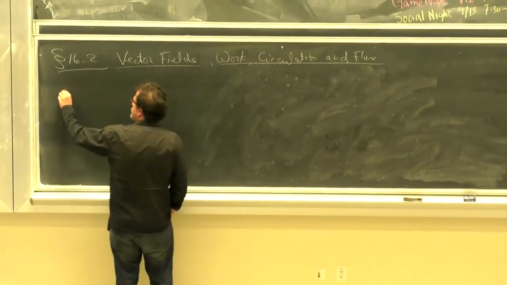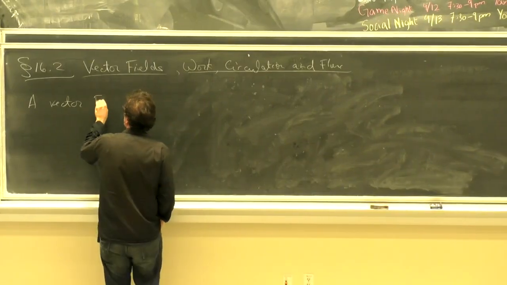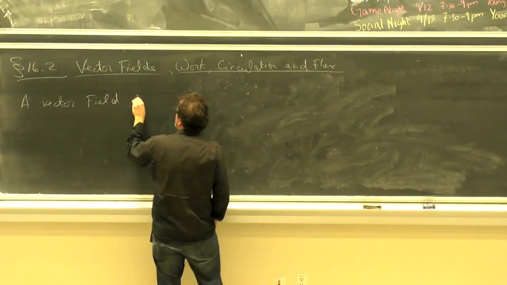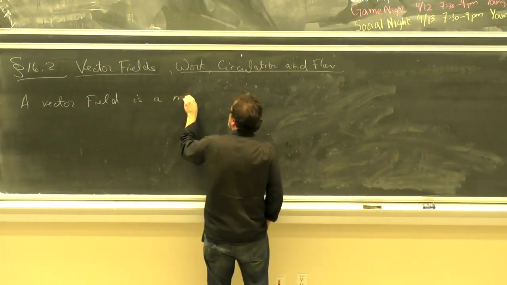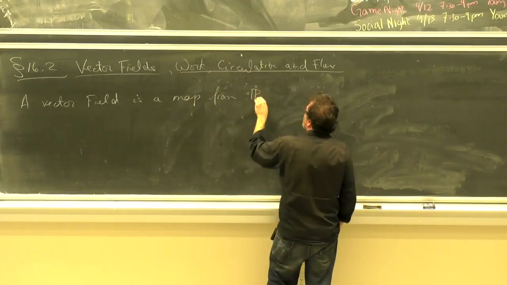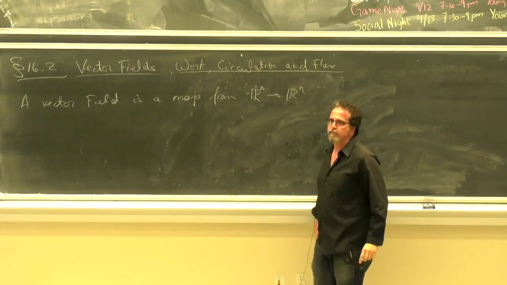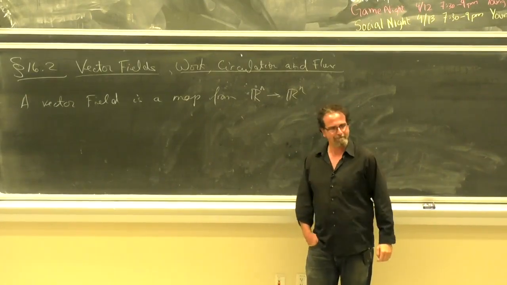So a vector field is a map from Rn to Rn.